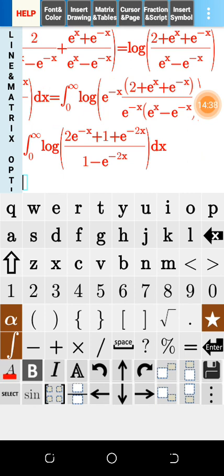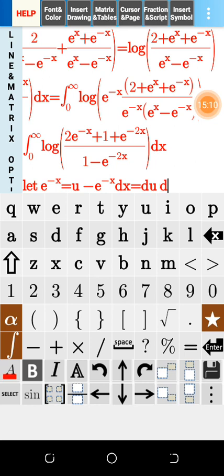So let's make a u sub. Let e^(-x) be equal to u, and our dx will now be what? We have minus e^(-x) dx is equal to du.